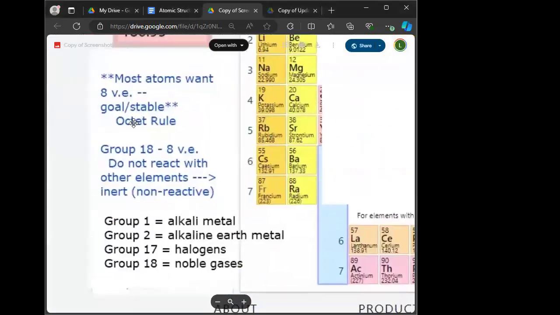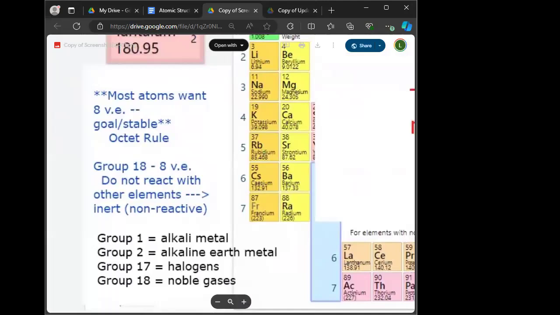Now we do need to know that there is something special about the number 8 for most atoms. Okay, so most atoms want 8 valence electrons. That is their goal. That is when they are the most stable.